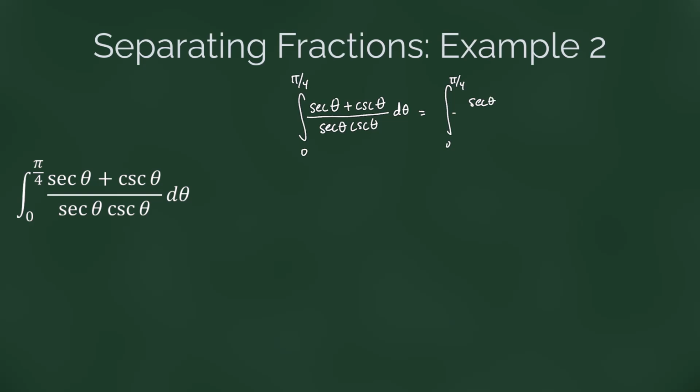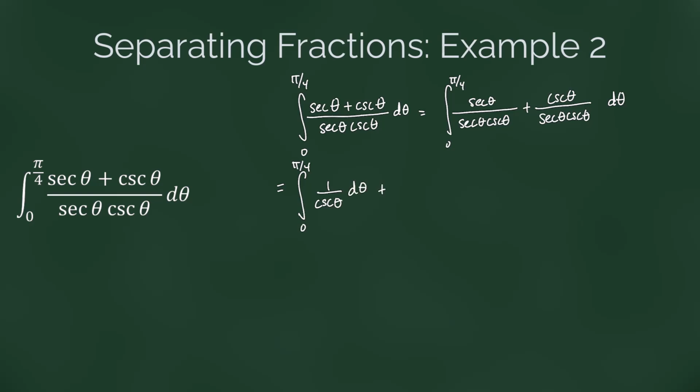So we'll have the integral from 0 to pi over 4 of secant theta over secant theta cosecant theta plus cosecant theta over secant theta cosecant theta d theta. Still integrating from 0 to pi over 4.